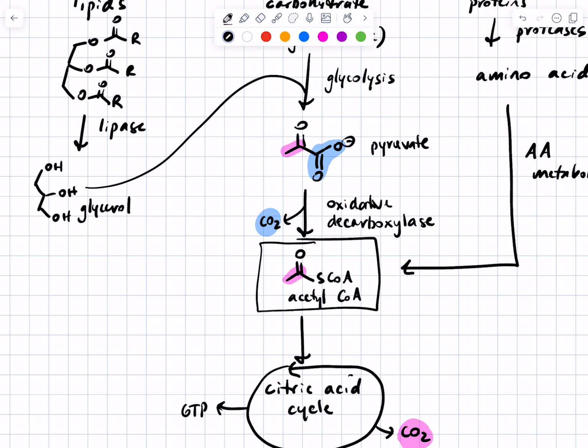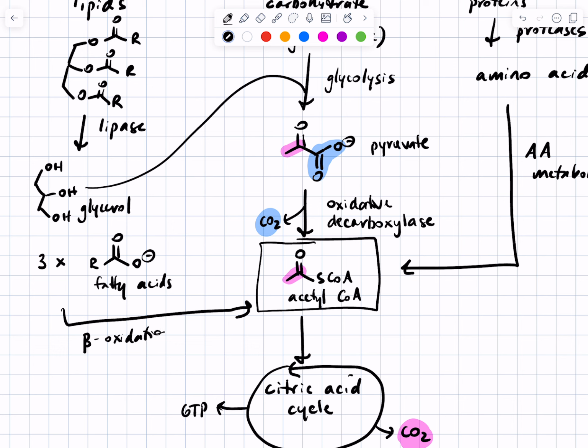The other thing is that for each triglyceride that we metabolize, we end up with 3 fatty acids, and there's a process called fatty acid beta oxidation, whereby fatty acids are converted 2 carbons by 2 carbons into small acetyl-CoA chunks, and then those go through the citric acid cycle.